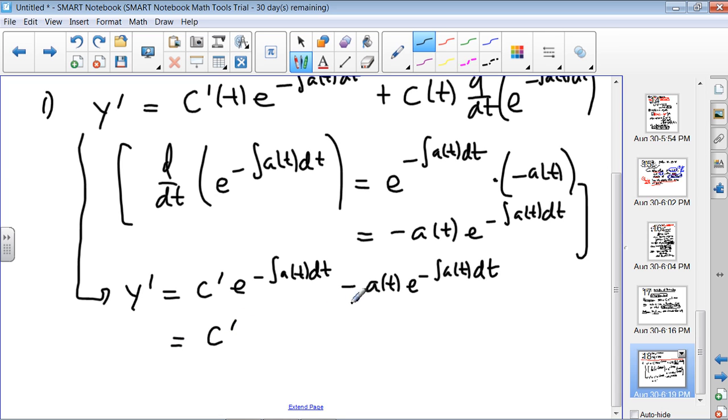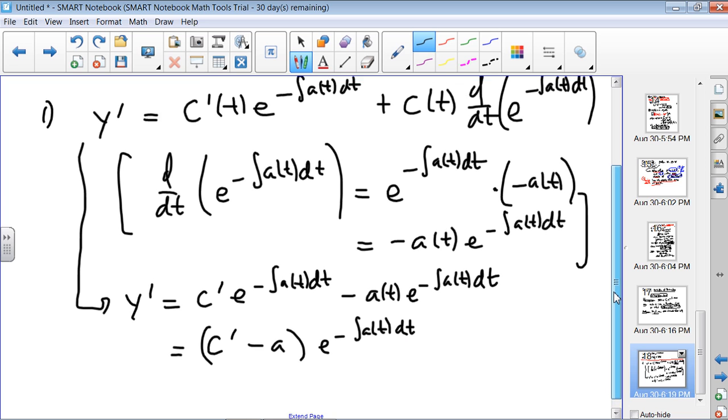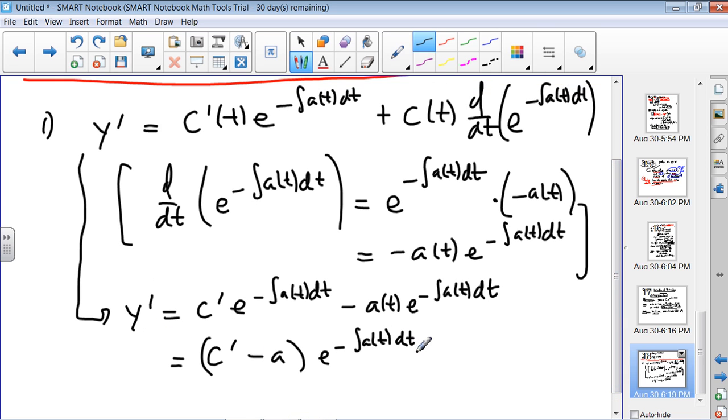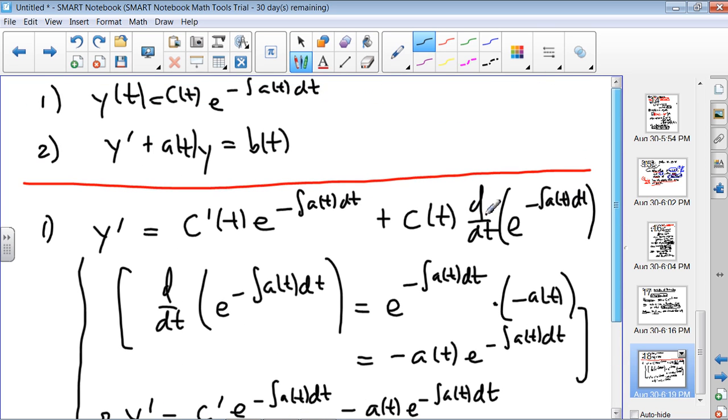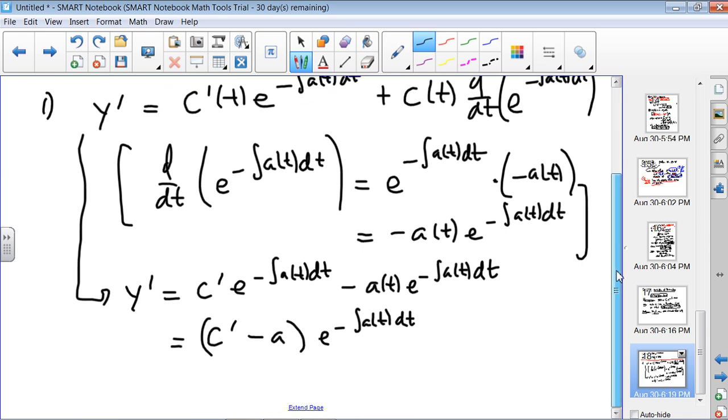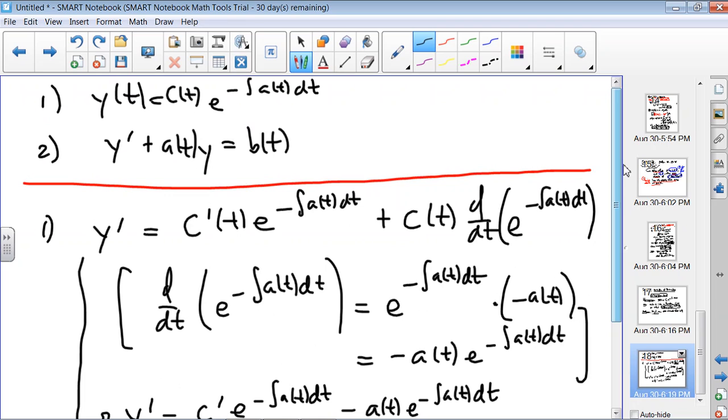So c prime minus a, that factors, times this exponential. Whenever possible, you should simplify things. It usually makes the math easier. So we have our y prime here. What we're going to do with this is plug it into this equation and see if we can get any simplifications. And we're also going to plug in our original y since it's right there.